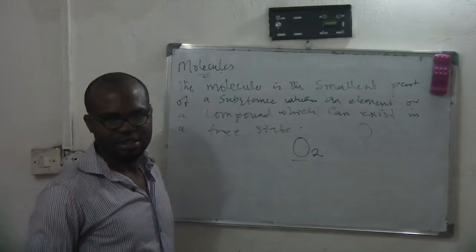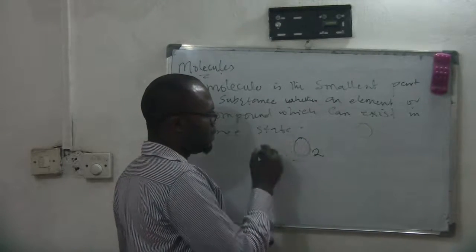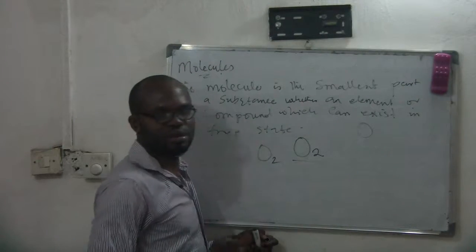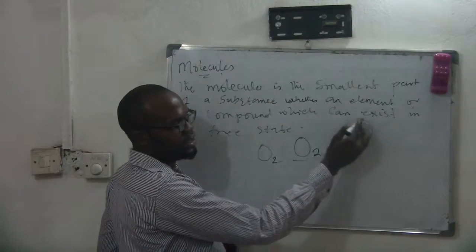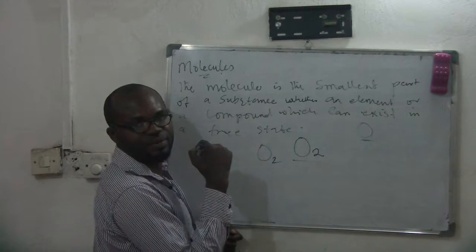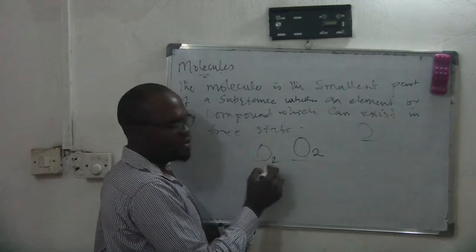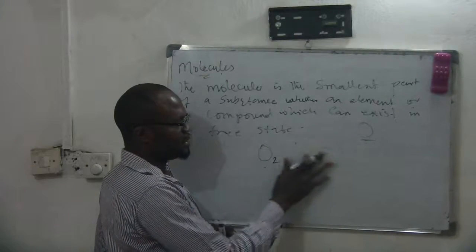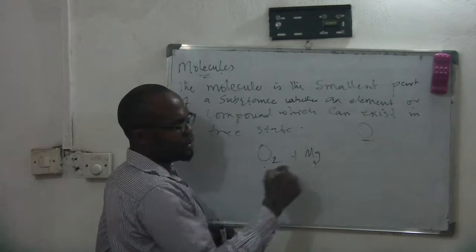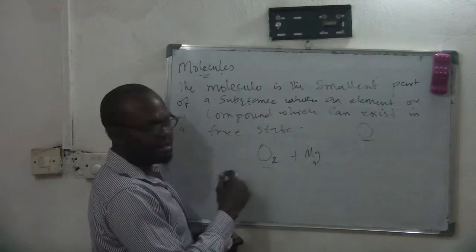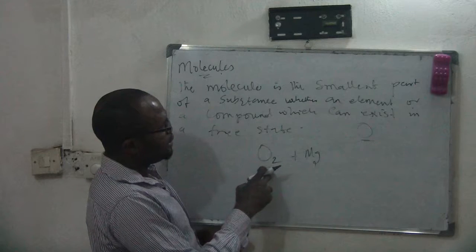When you're writing any chemical equation, you always write oxygen as O2, because oxygen hardly exists as a free atom. Whenever it's taking part in a reaction, it's always in this form, existing as a molecule in a free state.